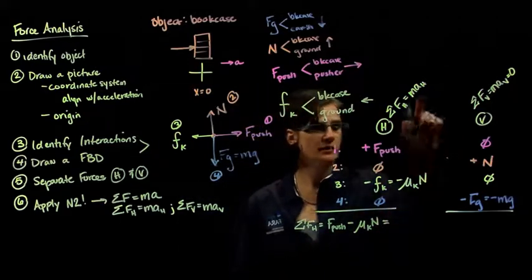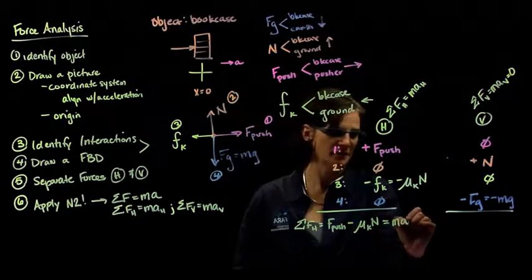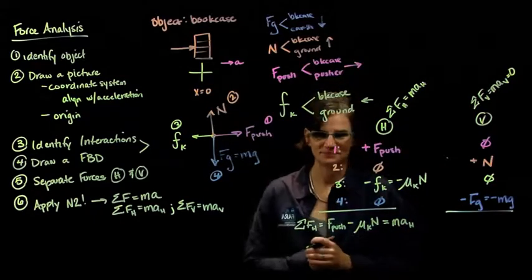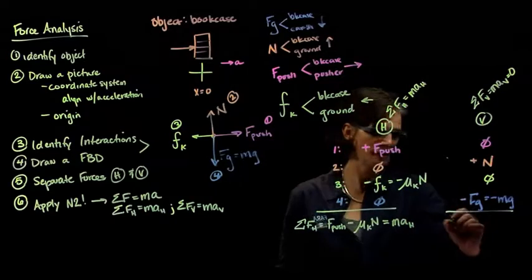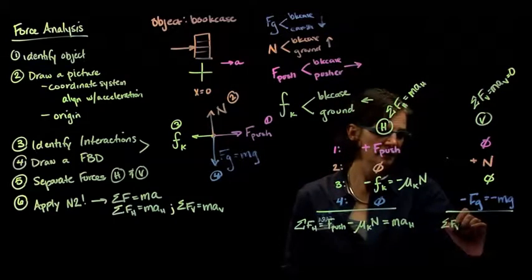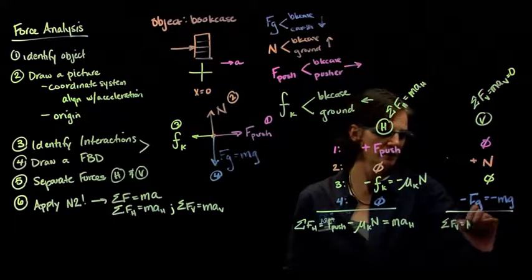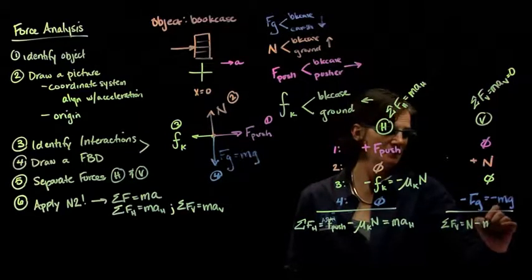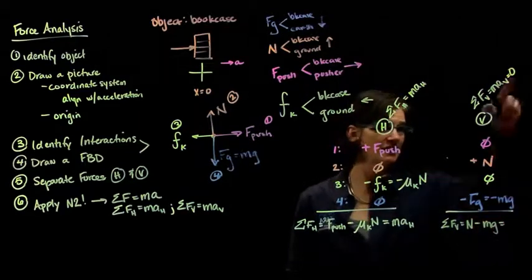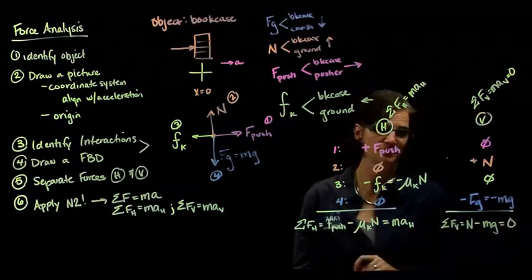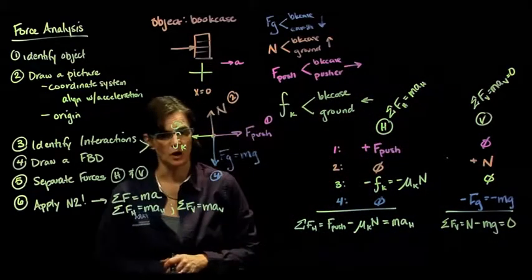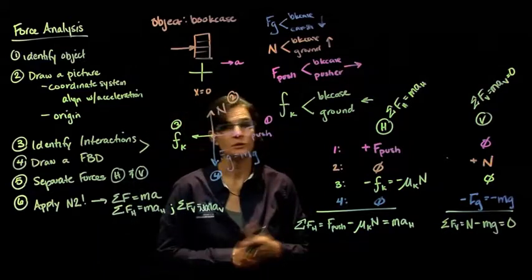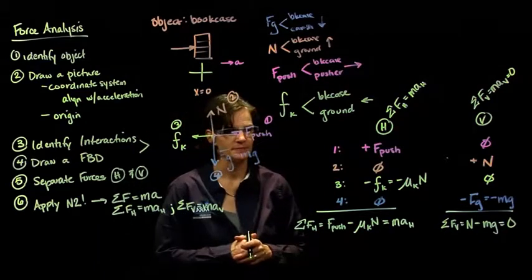That equals mass times acceleration horizontally. Vertically, the sum of the forces is equal to the normal force minus mg. That is equal to 0. So we've summed our forces and applied Newton's second law.